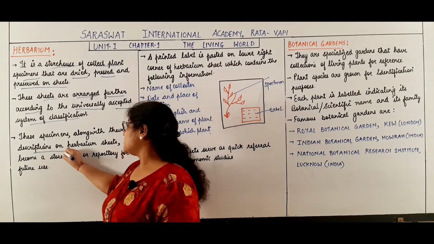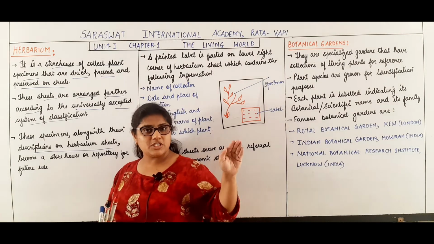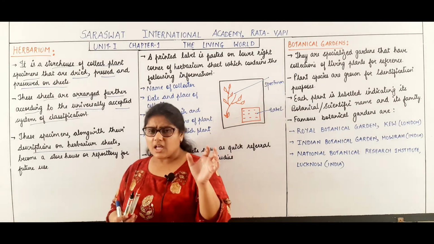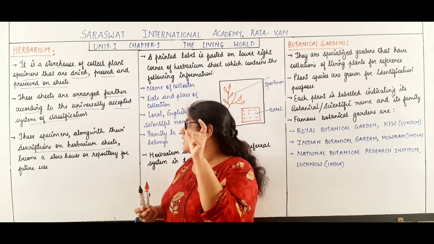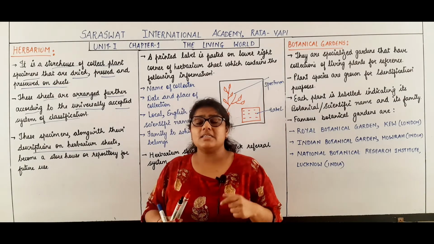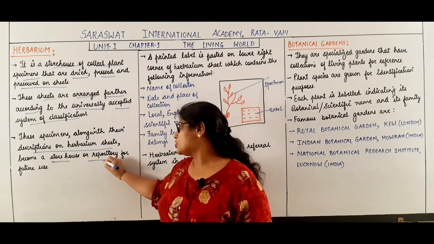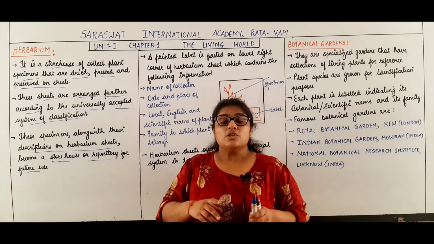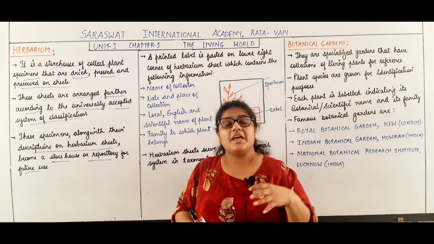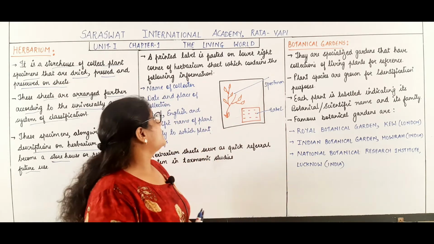Along with the plant specimen mounted on the herbarium sheet, certain information and description will be there. So, it becomes a storehouse, also called a repository, for future use. This herbarium sheet can be further used for taxonomical studies.